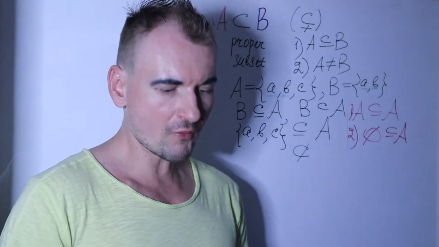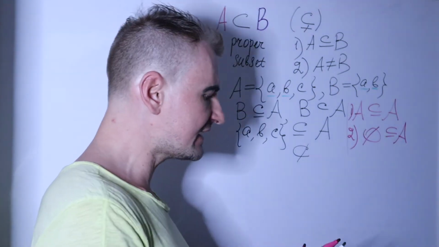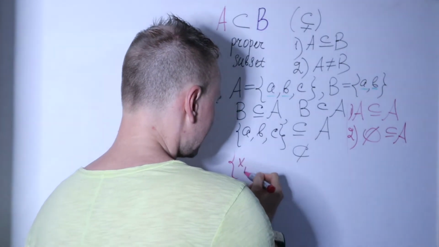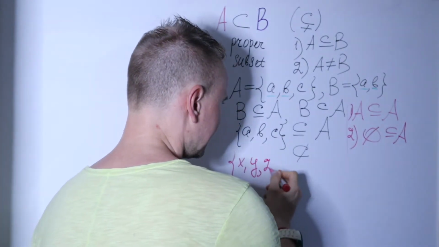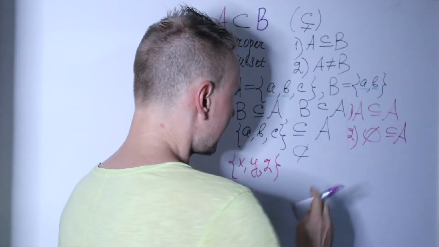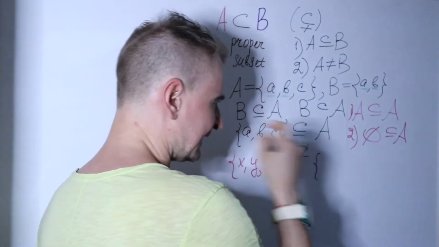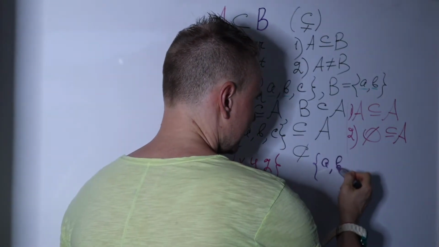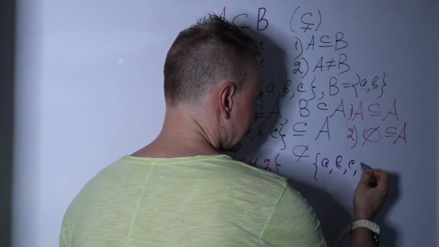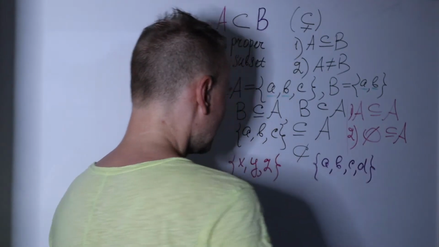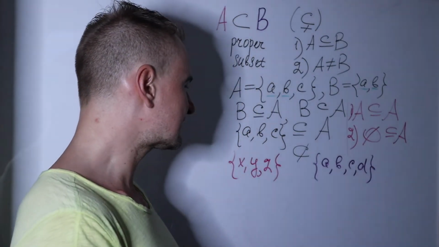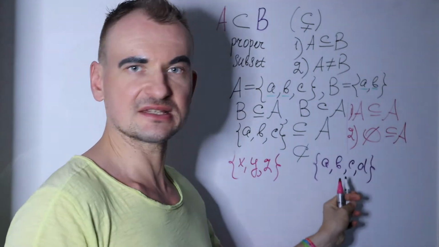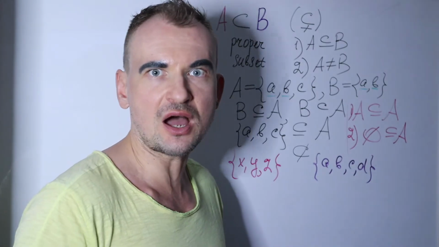One little remark over here. If you are given, let's say, a set containing the elements X, Y, and Z, and you are given another set made of the elements A, B, C, and D. So in this case, neither the first set nor the second set is a subset of the other.